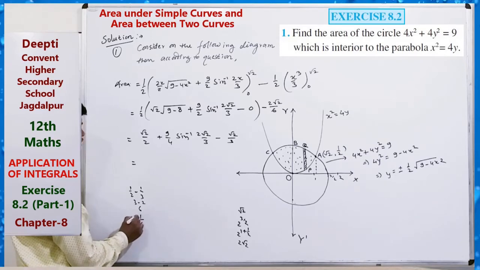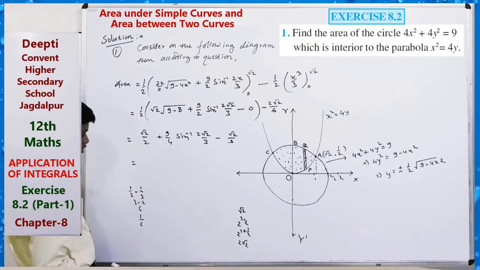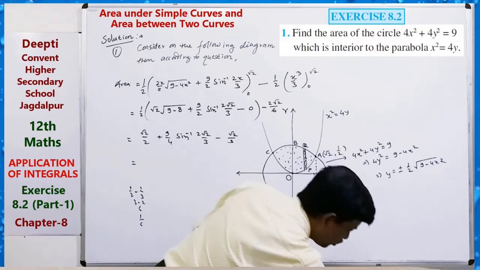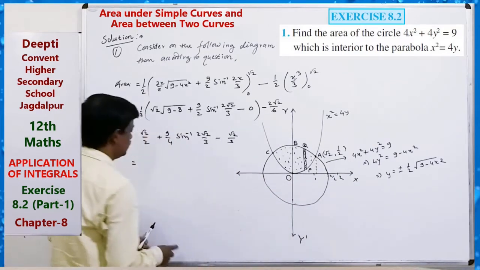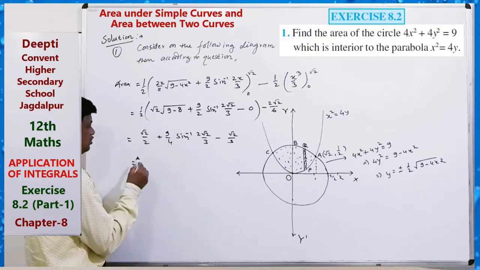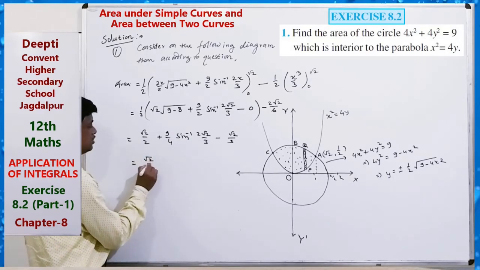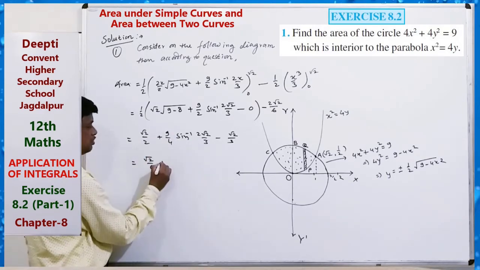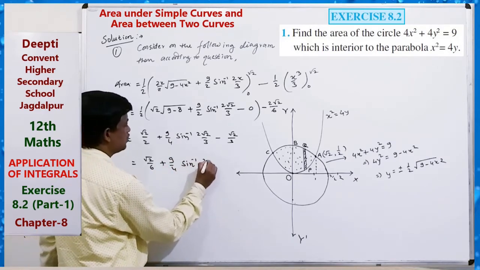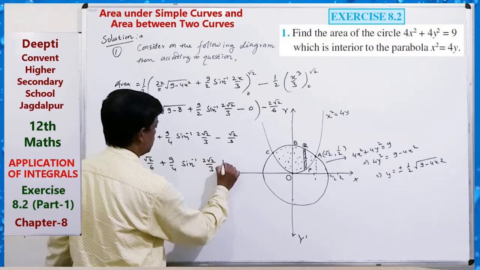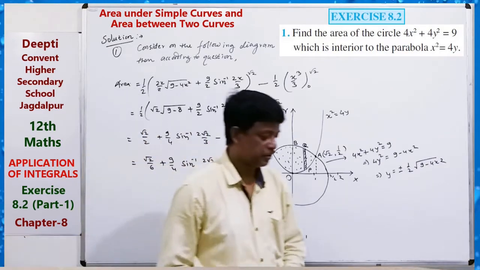So root 2 by 6. So root 2 by 6 plus 9 by 4 sin inverse 2 root 2 by 3. This is our answer. Okay.